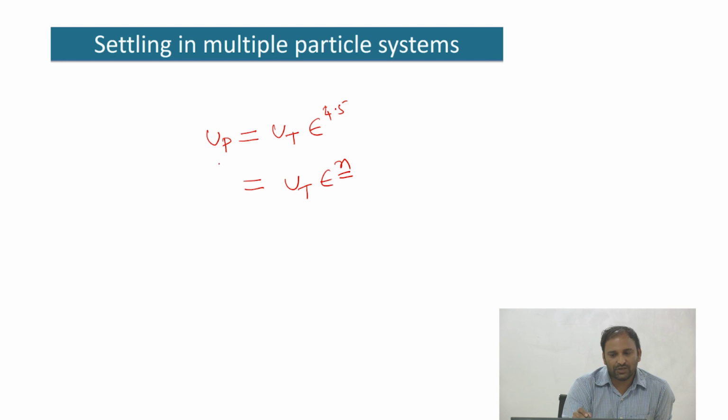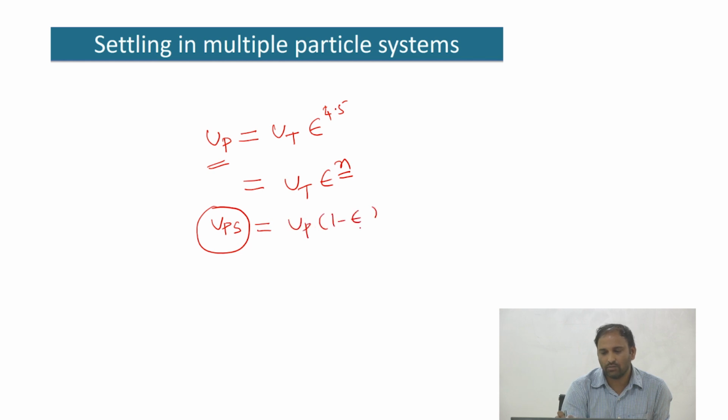Now from this I can define UPS, which is what is called a particle settling flux. UPS is basically your UP times 1 minus epsilon.